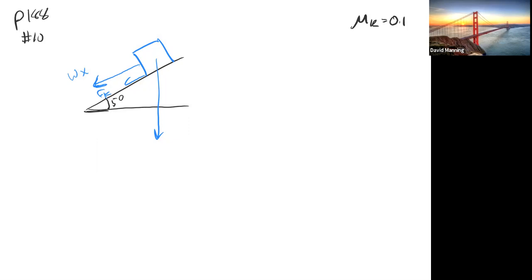There is no force pulling us up the incline. And our acceleration is going to show us that we're in that direction. We have a normal force, and we have Wy. What is our acceleration? How much are we slowing down going up this incline? So we can draw out our free body diagram here.